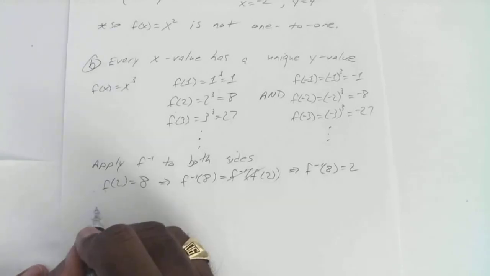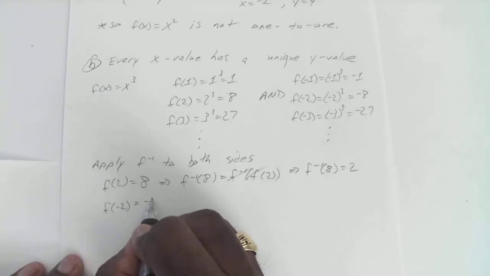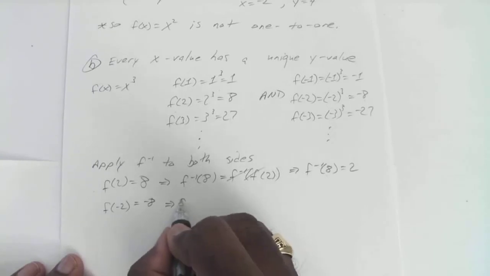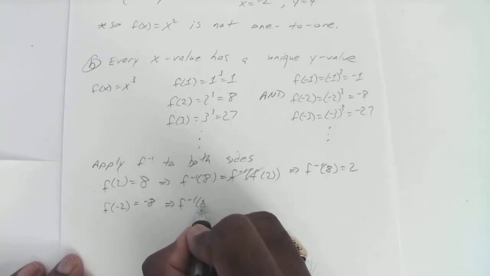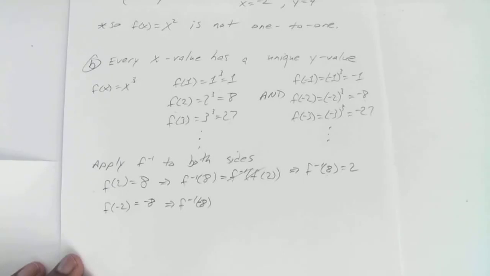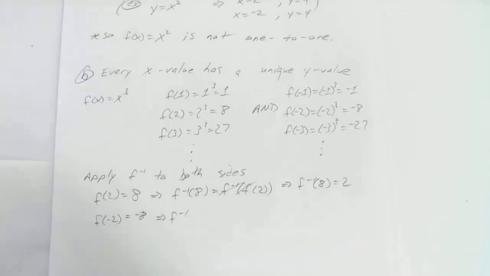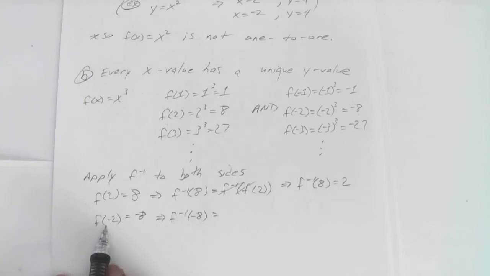So really, we're just going the opposite direction, using the y as our, I guess you could say, variable term. Okay. So f of negative 2 equals negative 8, then that means that f inverse of negative 8 equals f inverse of f of negative 2.